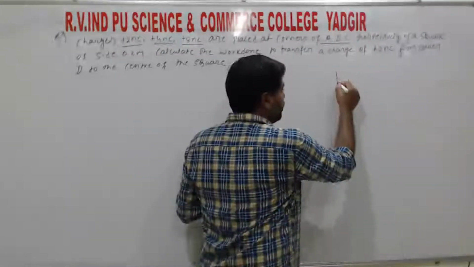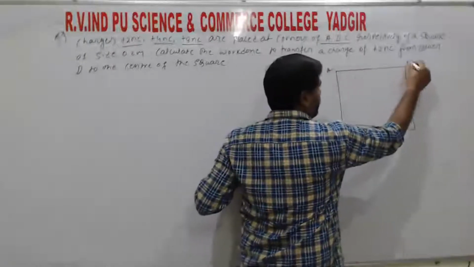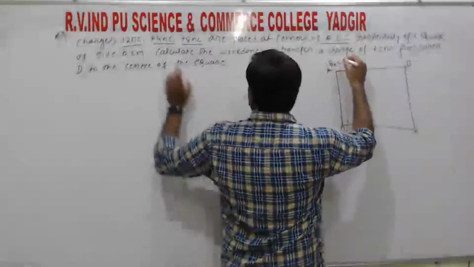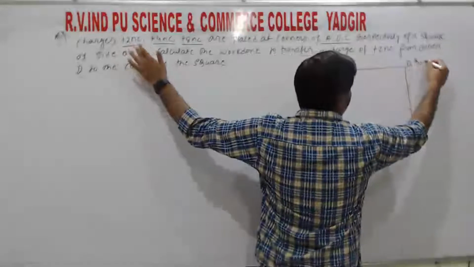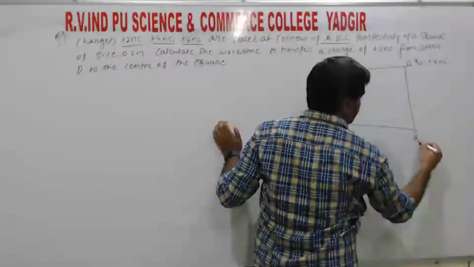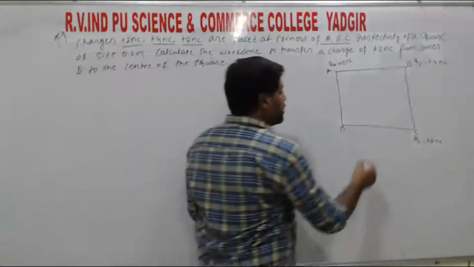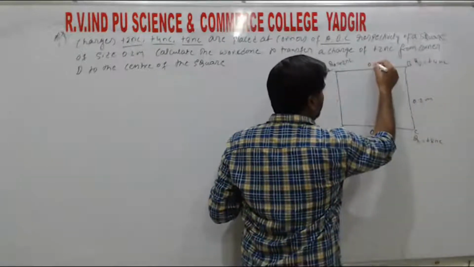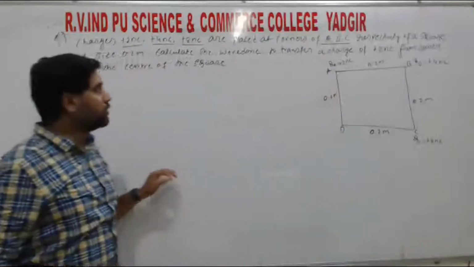So again considering one square A, B, C, and D. They place the charges QA is plus 2 nanocoulomb, QB is plus 4 nanocoulomb, and QC is plus 8 nanocoulomb, respectively, of a square of side 0.2 meter, right? So all sides are equal, 0.2 meter.